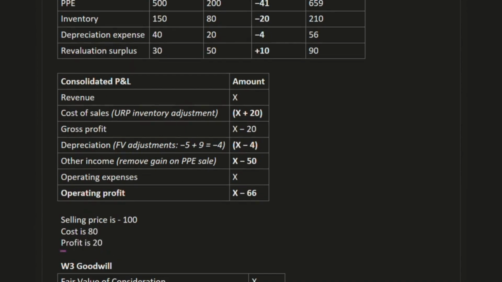Profit is 20. So what will happen if we are not removing 20 profit from the consolidation? What happen if we are not going to remove 20 profit from this P&L? So cost of sale will be still 80 and profit will be 20. So what happen when we are going to remove it 20 profit?